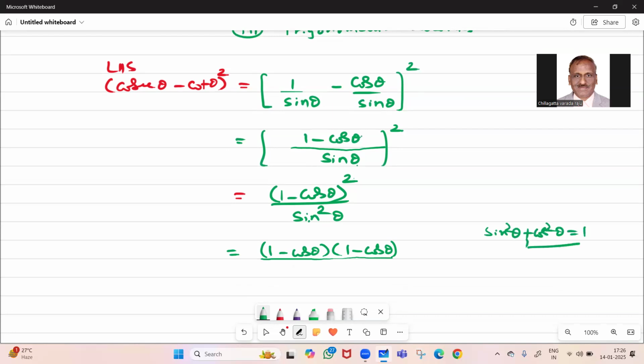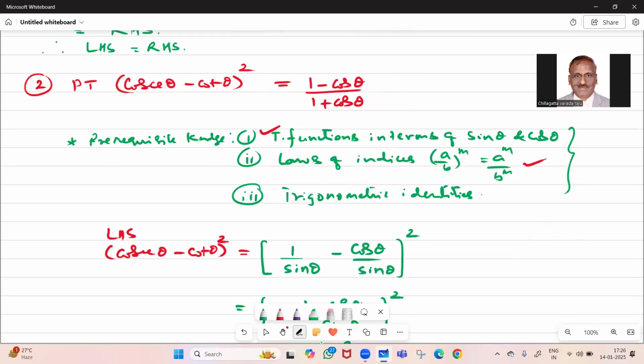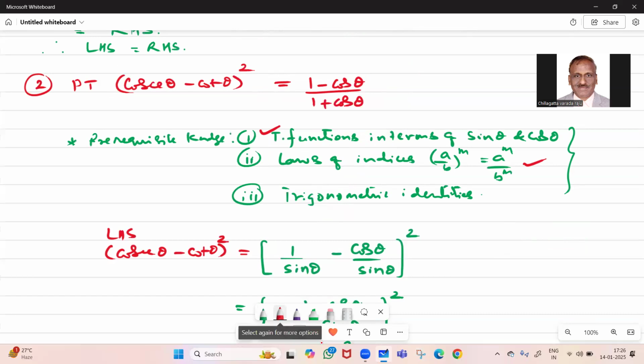There are two sub formulas here. Sin square theta can be written as 1 minus cos square theta, and cos square theta can be written as 1 minus sin square theta, which is suitable for this problem. Sin square theta can be replaced by 1 minus cos square theta. That's the third concept we discussed in the beginning.